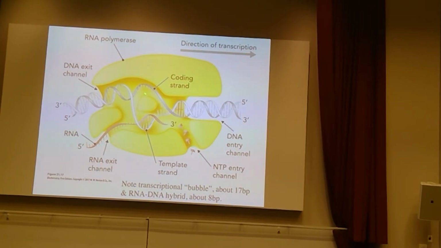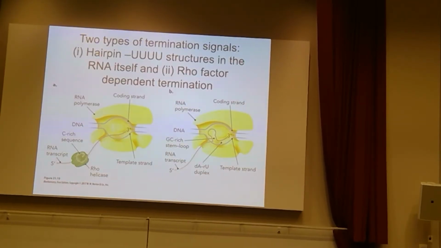So if you want to read the sequence that's going to be made, you can read off the coding strand, but what's actually being used to provide the template and what we form hydrogen bonds to with the incoming monomer units is the template strand. And then there's two exit channels. One exit channel is for the reformed double helical DNA, and the other exit channel is for the product RNA.